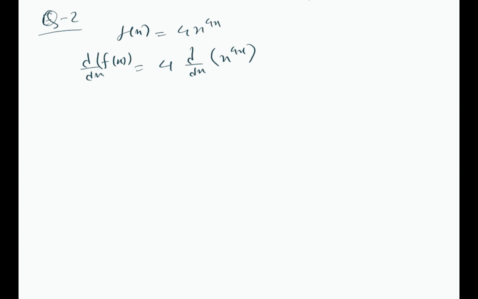Okay, so how can we differentiate this x to the power 4x? Normally for an exponential function, in the power we have only a constant, but here we have a variable also. So how can we differentiate this?